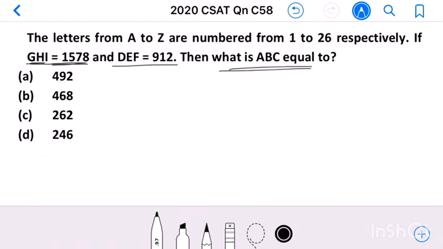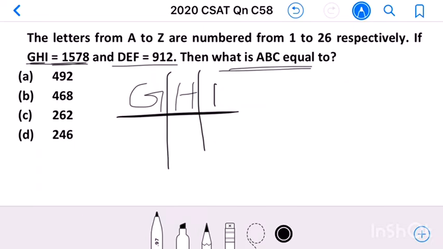GHI equal to 1578. G, H, I. So what is the number for G? G equal to 7, H equal to 8 and I equal to 9.